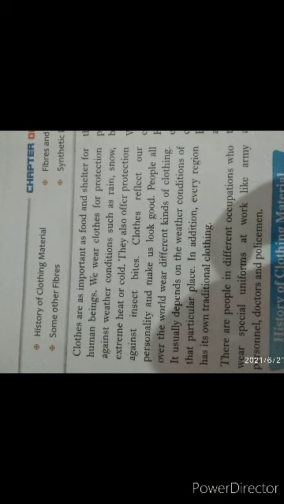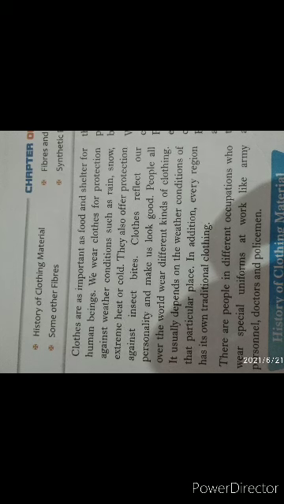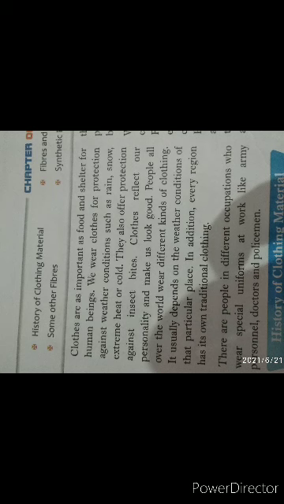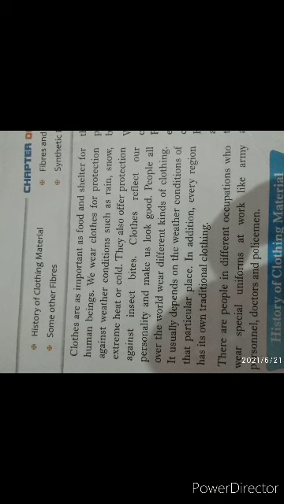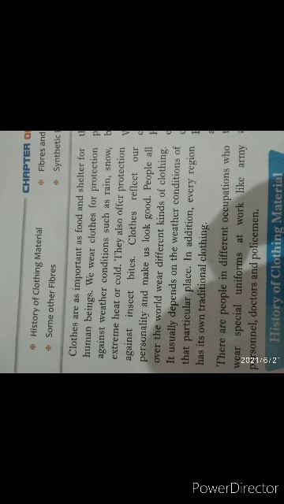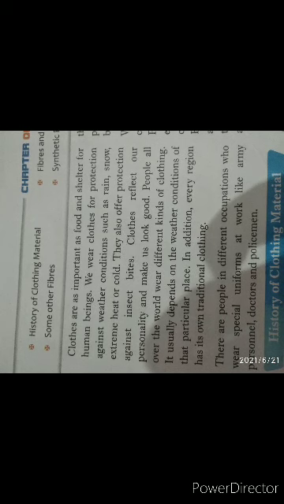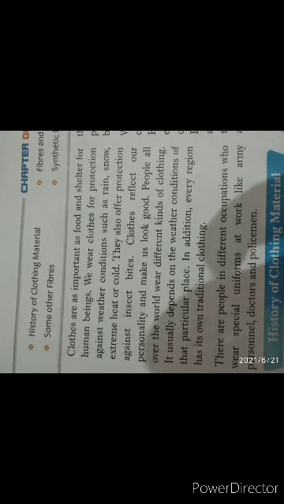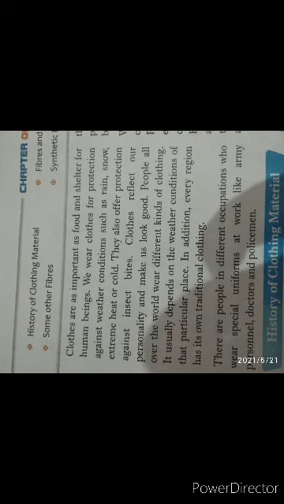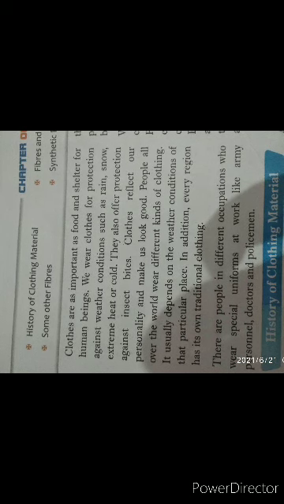Lesson 3, fibre to fabric. And see here, this outline has the main topics: history of clothing material, some other fibers, fibers and fabric, natural fibers and synthetic fibers. These are the main topics. We'll go through the lesson now.